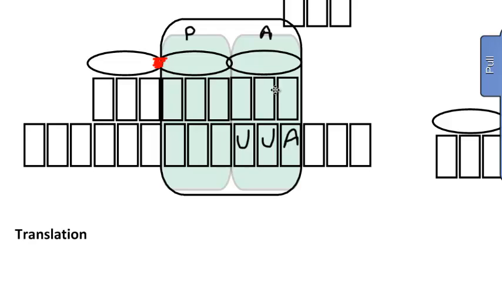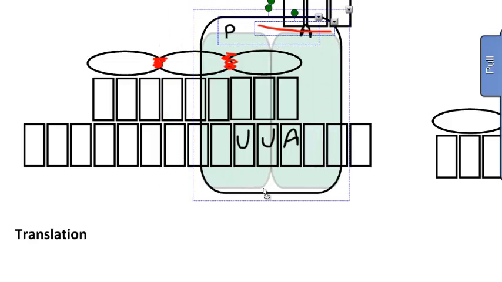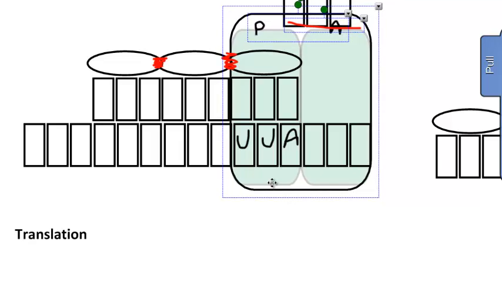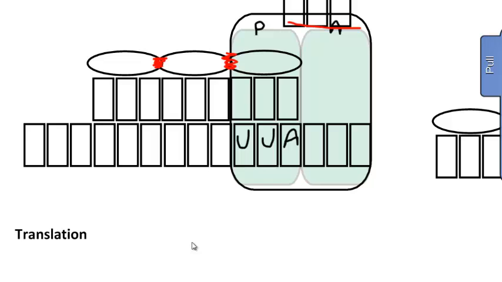The leucine binds to the aspartic acid with a covalent bond, and the whole ribosome moves over. This process keeps going until we get to something called a stop codon. So let's take a look at what that is.